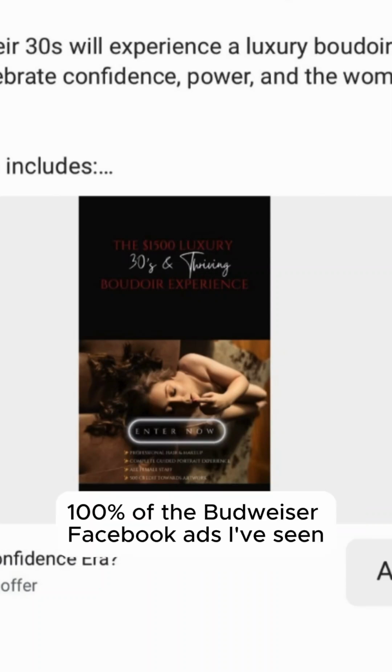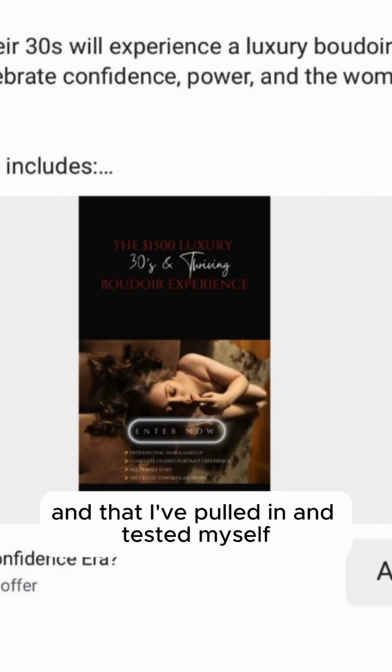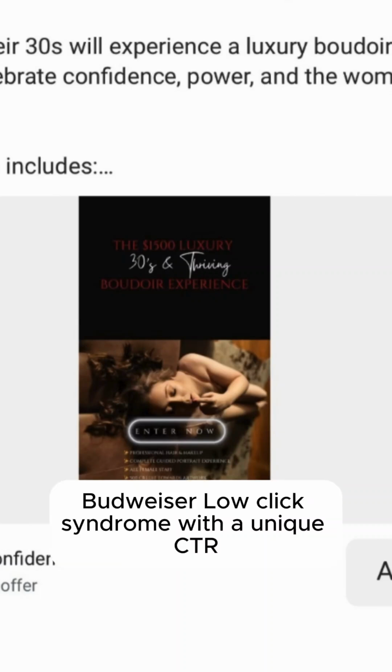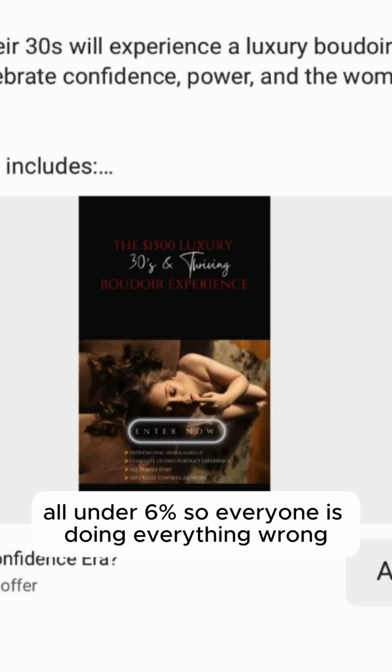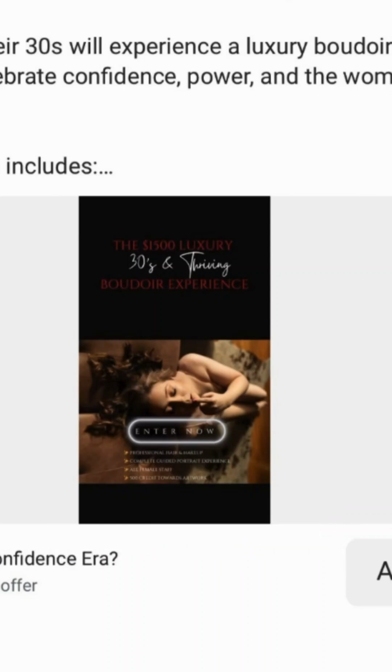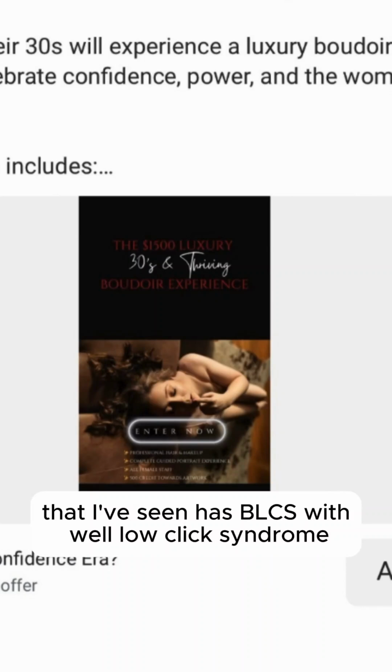Well, 100% of the Boudoir Facebook ads I've seen the back end for and that I've pulled in and tested myself have had BLCS, Boudoir low click syndrome, with a unique CTR all under 6%. So everyone is doing everything wrong. Yes, everyone is making these mistakes. That's why everyone that I've seen has BLCS.